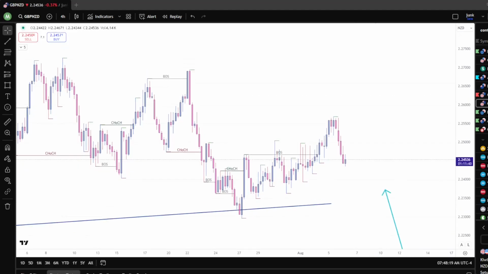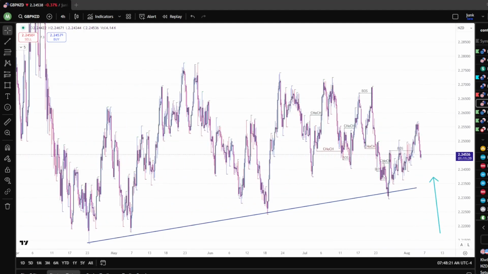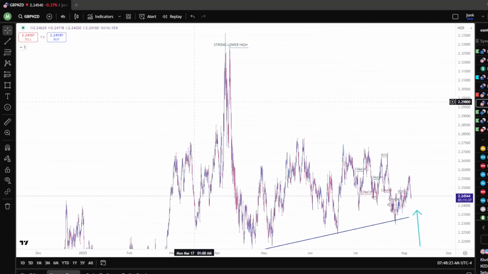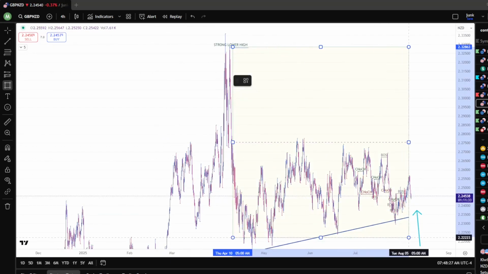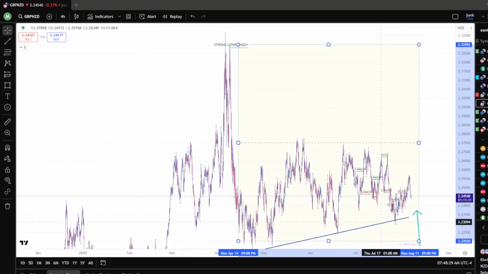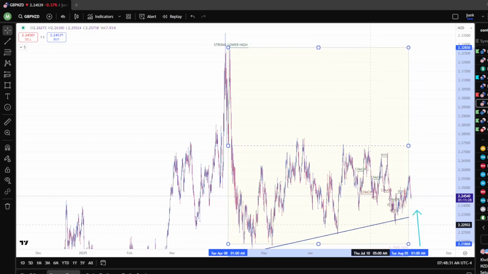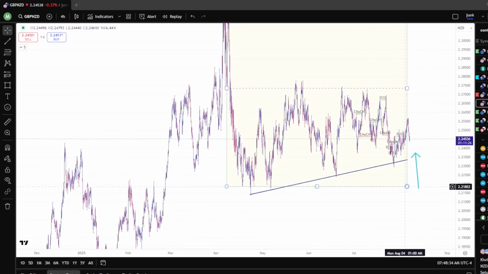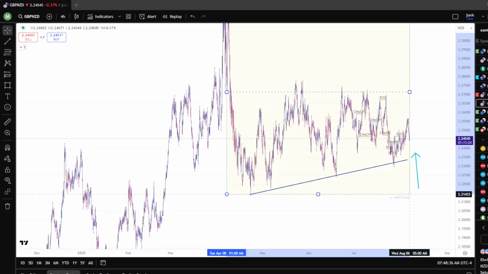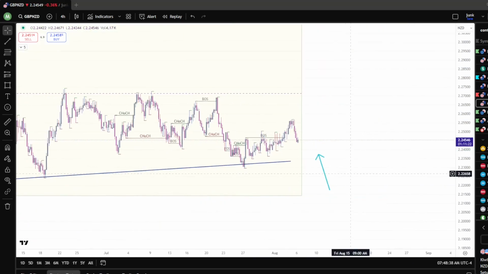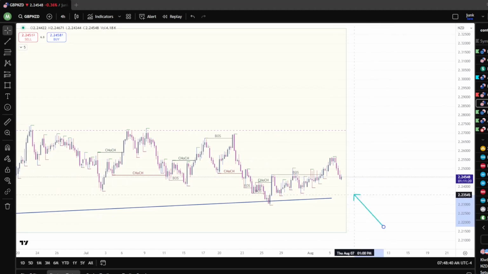GBP NZD, let's go map out the current range, so this overall range. And as we know, prices had reacted from this trend line, this lower trend line, just like the other GBP AUD.